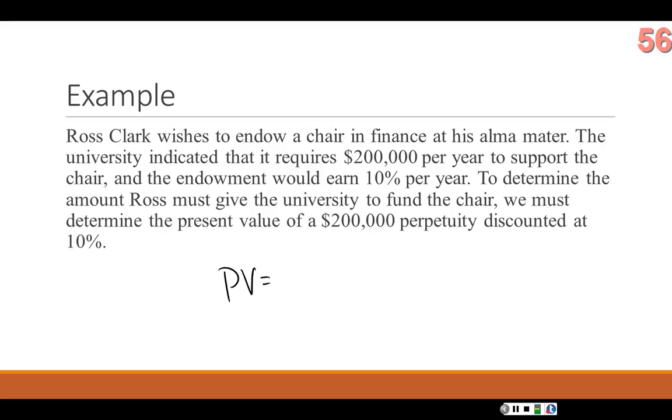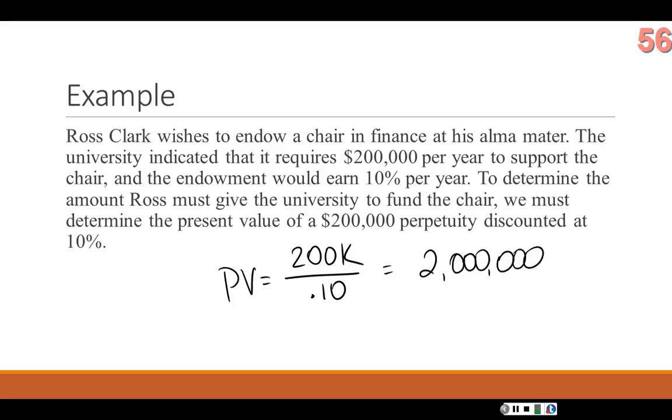So the present value would be equal to the $200,000 per year payment divided by our interest rate of 10%. Again, you have to put this in decimal form. You can't enter a whole number. And you get $2 million.